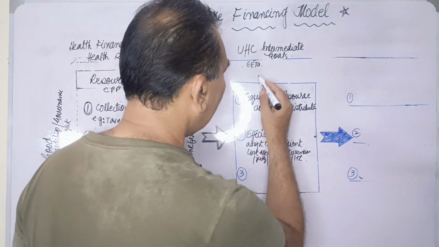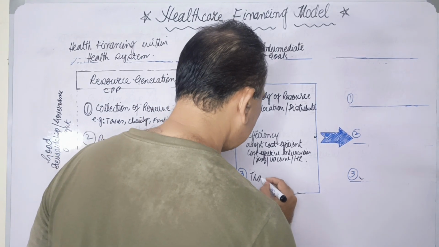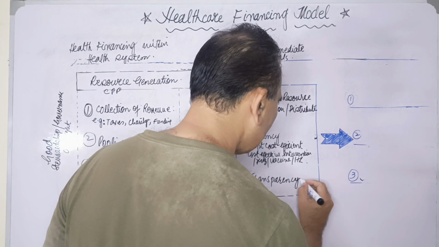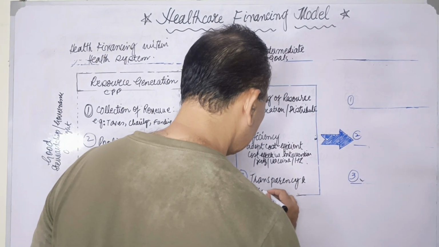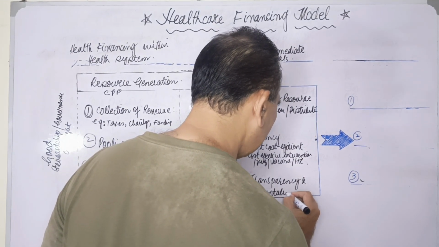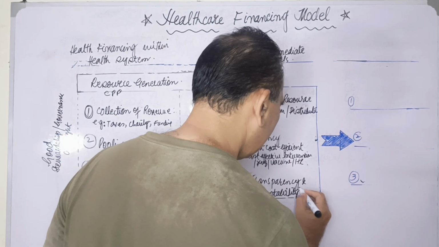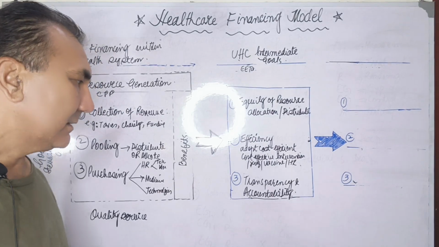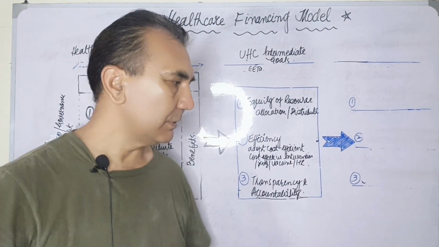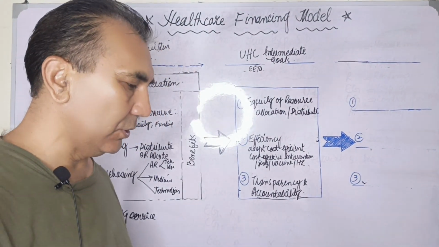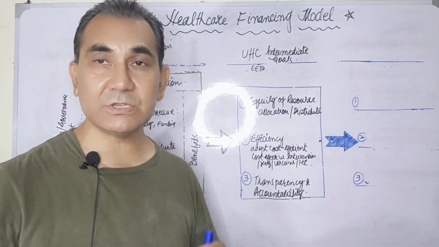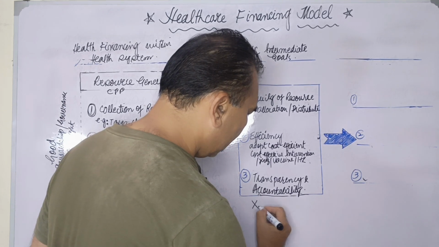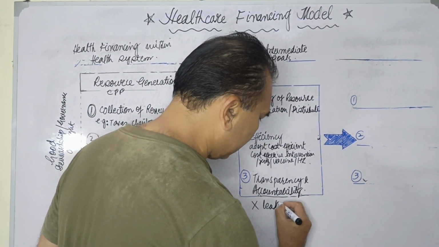And the last one is transparency. This is a very important and burning issue nowadays. Transparency and accountability are the main components of universal health coverage. As a good governance or good stewardship, you should keep strict check and balance, and you should always stop the leakage of resources.